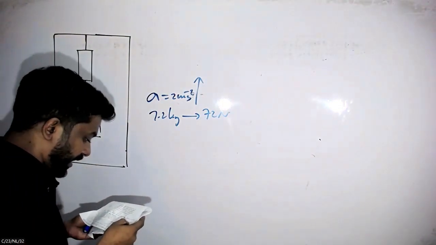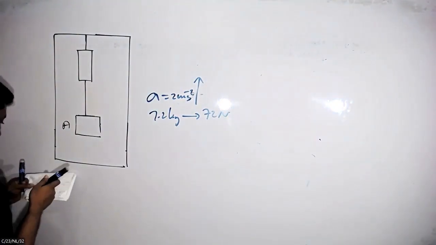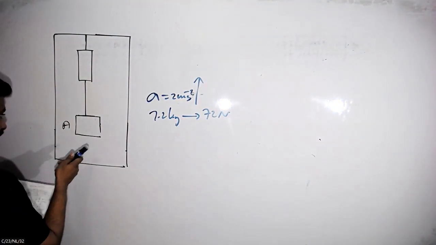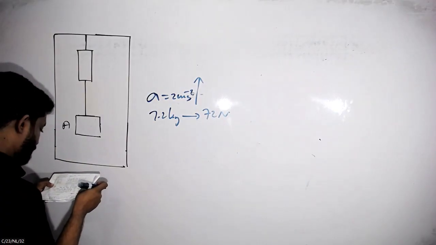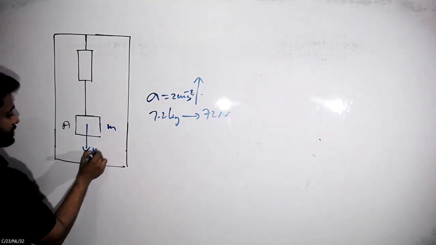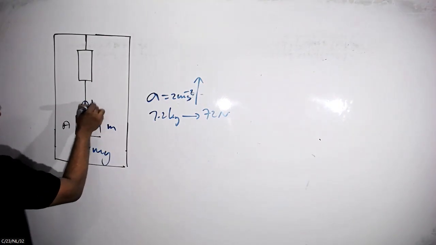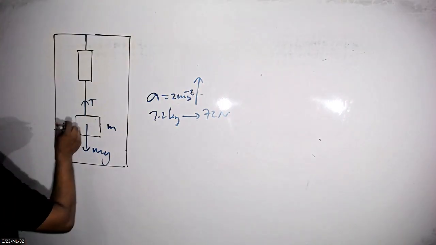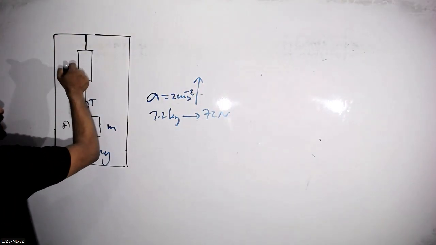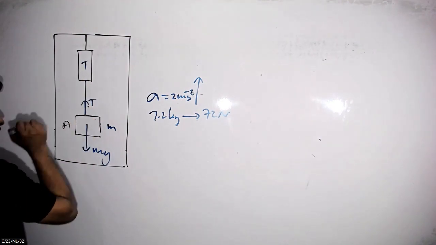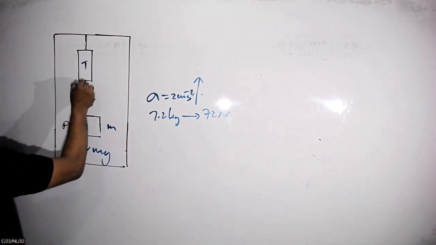Before identifying the answer, you need to draw the free body diagram. The mass of the object is not given, right? Let the mass be m, then the weight is mg, and the tension is T. Here you have to consider the tension of this string as the reading of this scale, right?